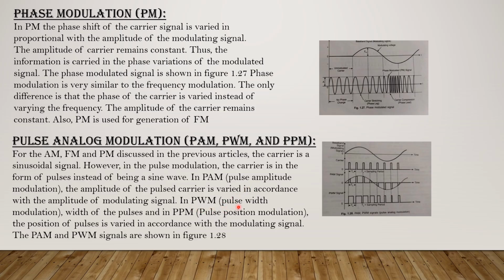In PWM, pulse width modulation, the width of the pulses, and in PPM, pulse position modulation, the position of the pulse is varied in accordance with the modulating signal. The PAM and PWM signals are shown in the figure. These are the pictorial diagrams of PAM, PWM and PPM respectively.